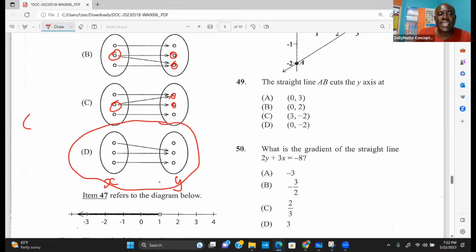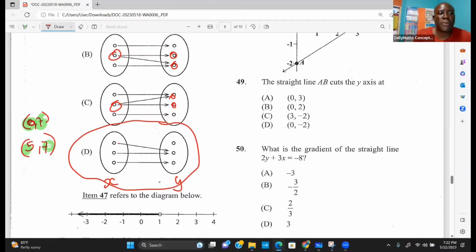So if I have a coordinate of (0, 7) and then I have (5, 7), this is a function. Why? Because 0 only goes to 7, 5 only goes to 7. The X values are the focus. How many did they go towards? They only go towards 1. Then you know they're a function.